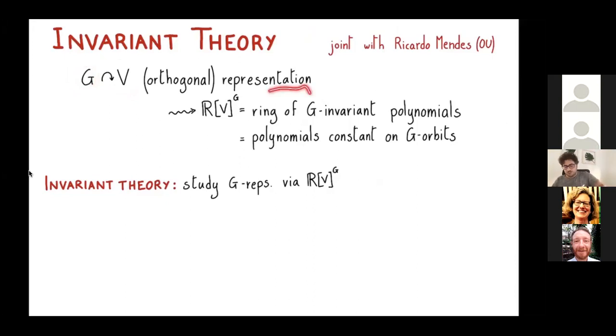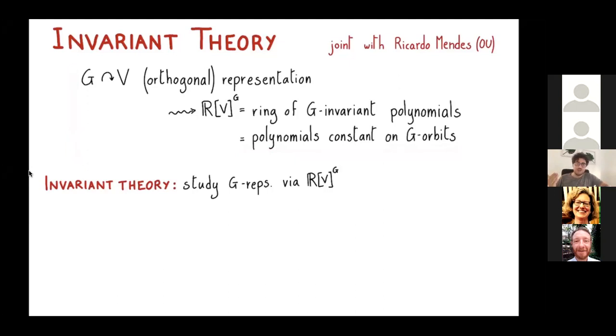Whenever you are in this situation, it makes sense to discuss the ring of polynomials that are invariant under the G action. It is more convenient to think of them as the polynomials that are constant along the orbits of the group. It gets a little more general, but I will specialize to this.